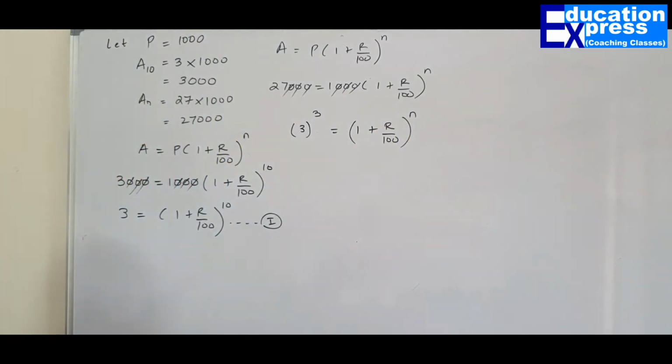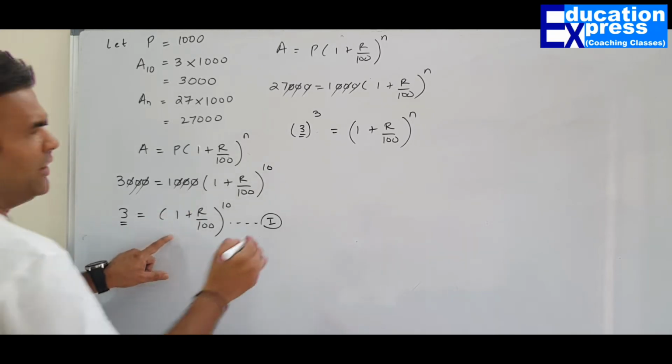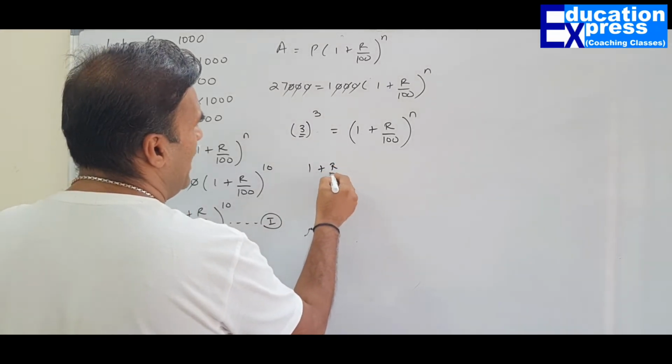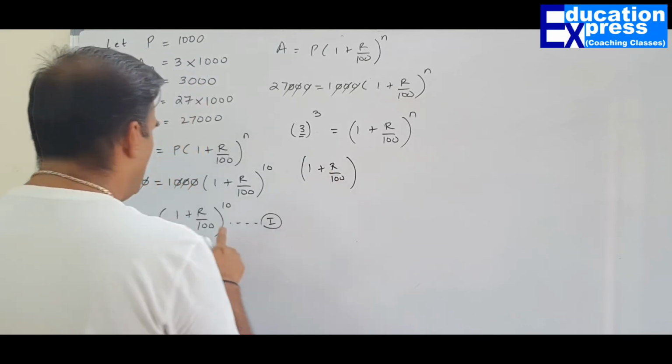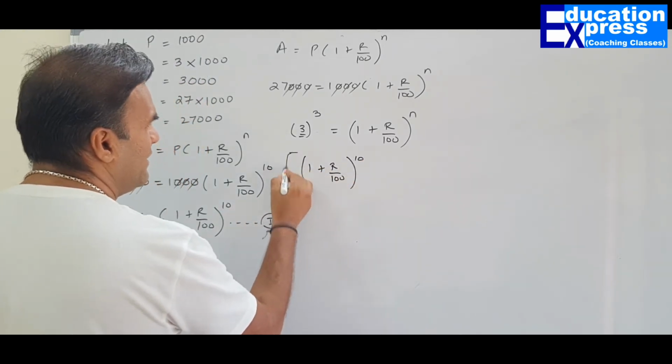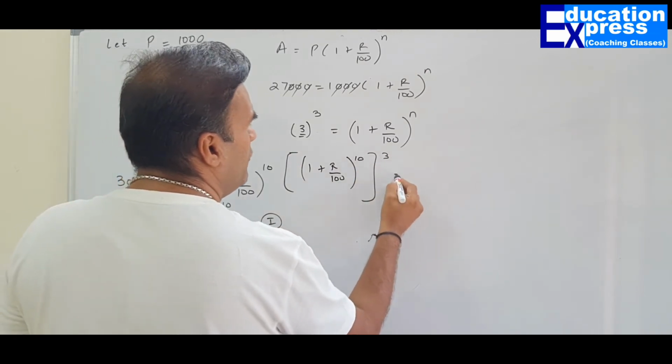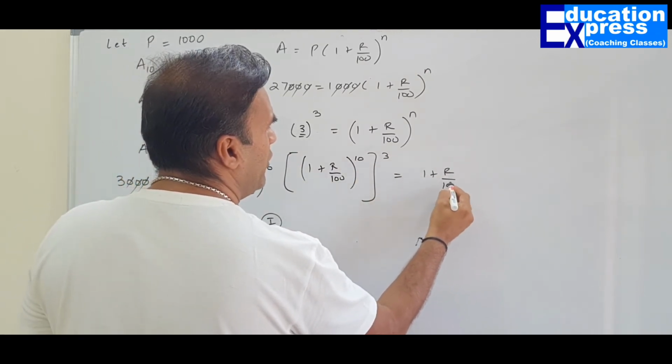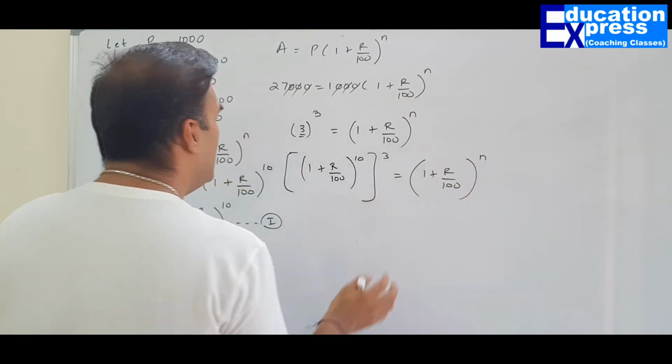Knowing the fact that this is 3 cube, we know the value of 3. Look at this, 3 can be replaced by 1 plus r upon 100 raised to 10. I am replacing this 3 with this. Cube equals to 1 plus r upon 100 raised to n.